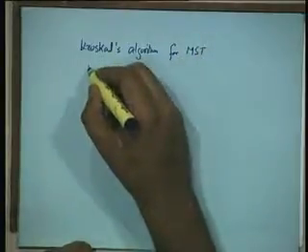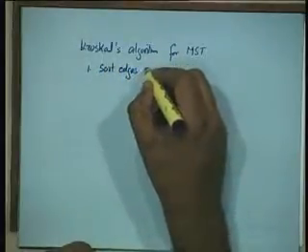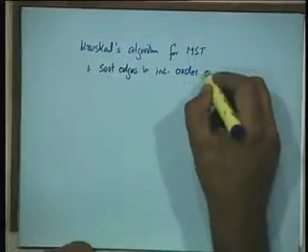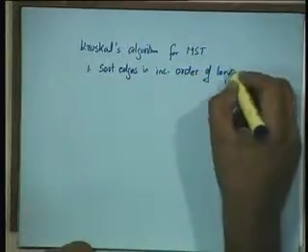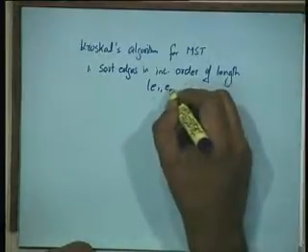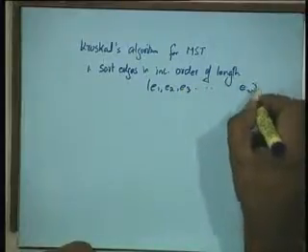The very first step is to sort edges in increasing order of length. Let's say this order is E1, E2, E3, ..., EM.